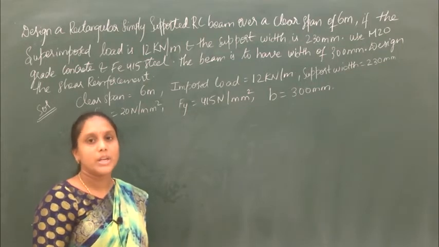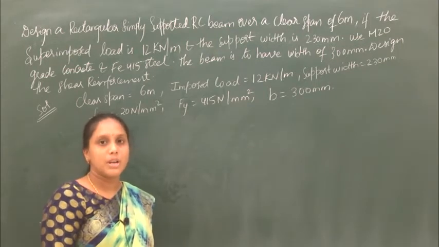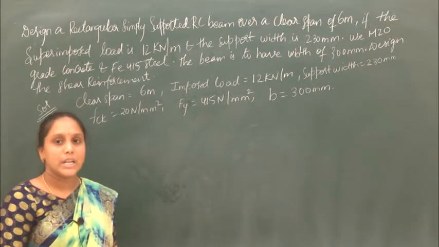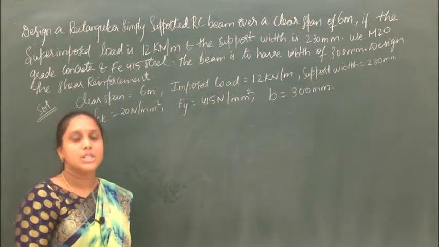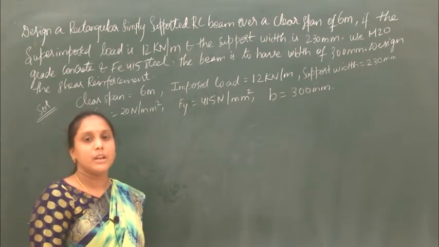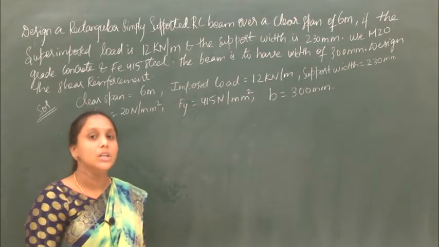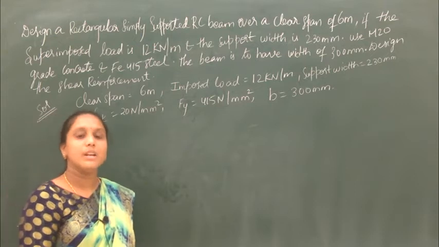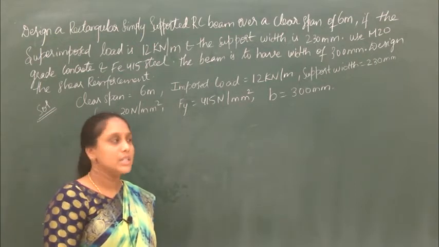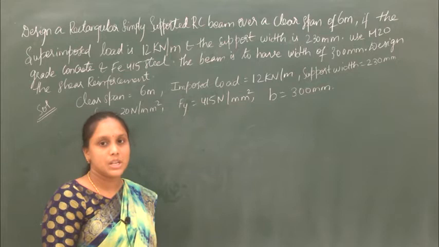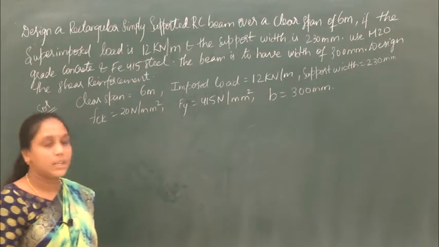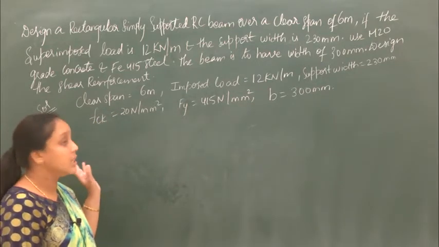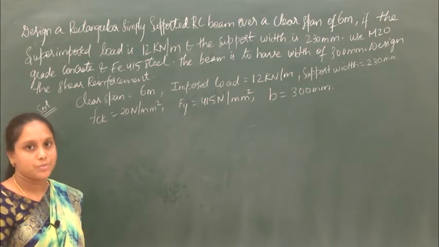We have to know whether it is a singly reinforced beam or a doubly reinforced beam. We have to calculate the area of steel. If it is a singly reinforced beam, we'll find out the tensile steel area. If it is a doubly reinforced beam, we will calculate both the tensile steel area as well as the compression steel area. And then later we have to design for the shear reinforcement.